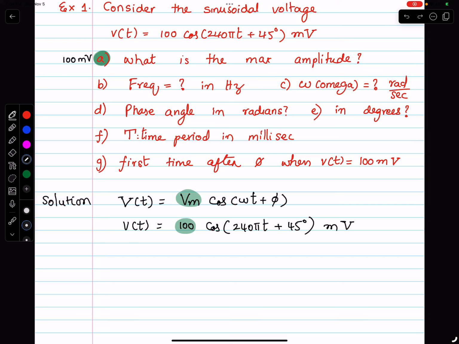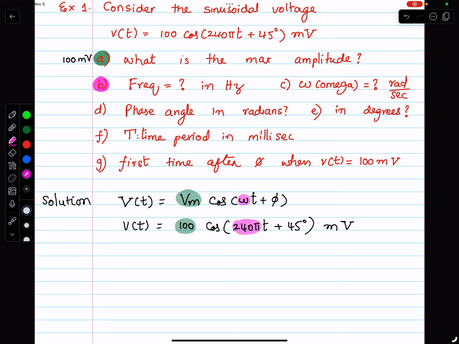Now, what is the frequency in hertz? Pretty straightforward if you think about it. We are looking at problem number B. In order to find that, we look at omega, which is 240 pi.